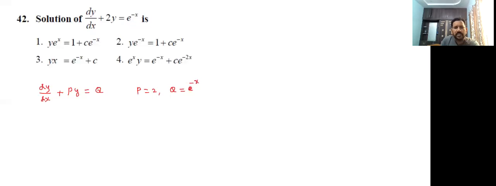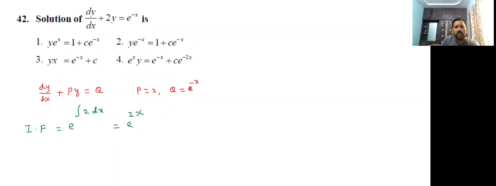First find the integrating factor. Integrating factor is equal to e power integration P dx. P means 2 dx. So what is the answer? Integration of 2 is constant, integration of 1 dx is x, or not. This is the integrating factor, e power 2x.